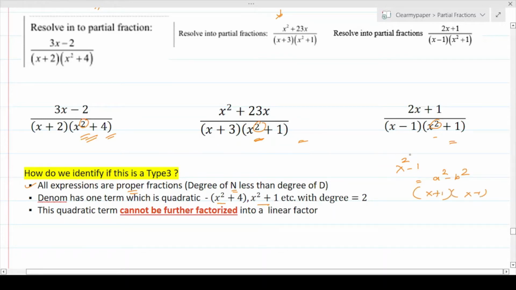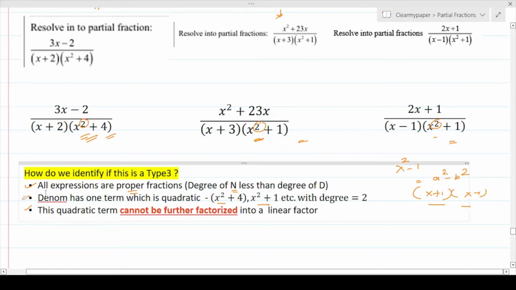So although it was quadratic, we could simplify it into 2 linear factors. But in these cases, none of the quadratic factors in the denominator can be simplified. So that's one thing. That's how you identify that it belongs to type 3, quadratic factors.